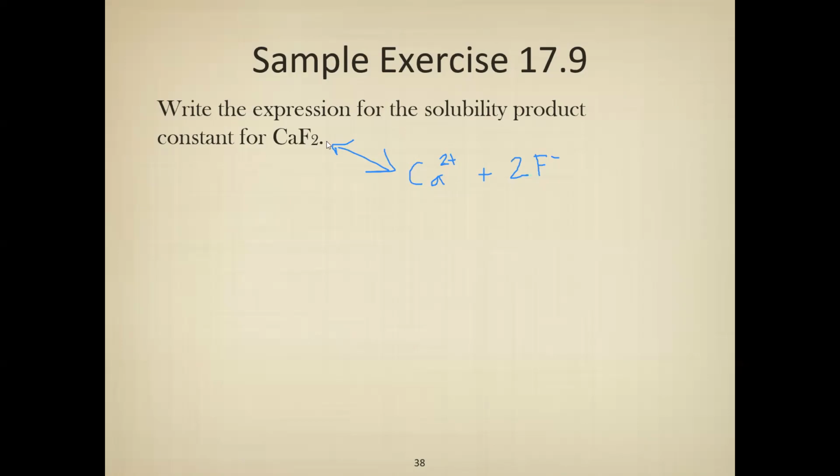And when we look at it, since we've got 2 of the fluoride ions, we'll just make sure to square that piece of it. So that was our coefficient from the dissociation equation. So we just want to make sure to include that in our equilibrium expression for the solubility product.